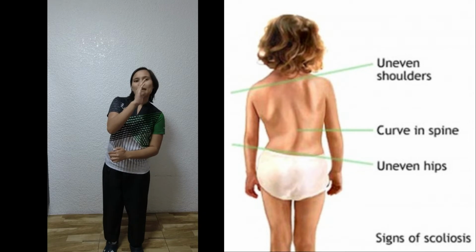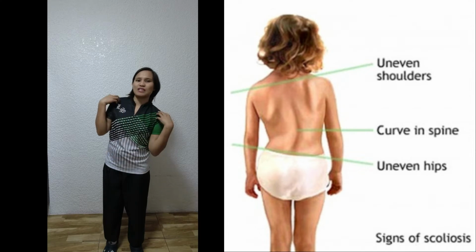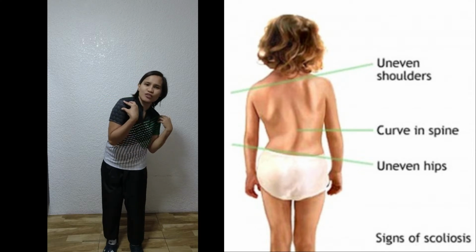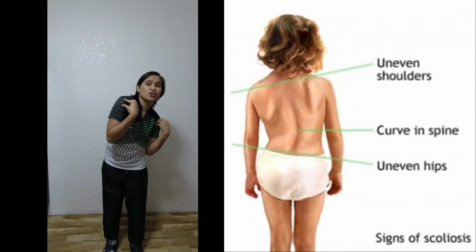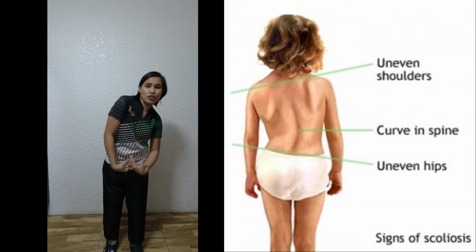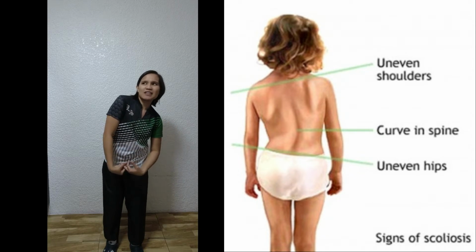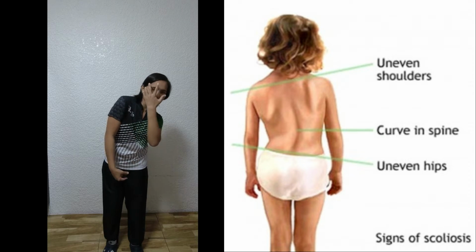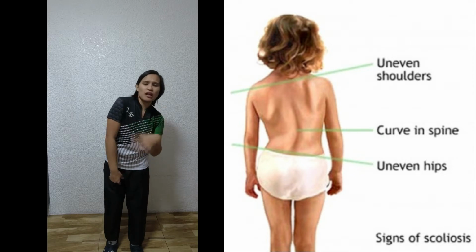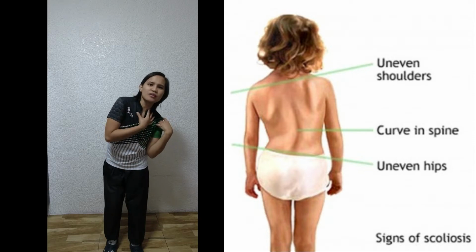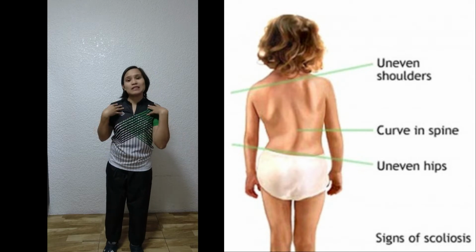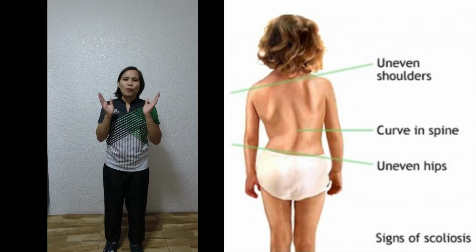So this is what happens for a person with scoliosis. And sometimes there would also be a rotation, so they would be positioned like this. So as the physical therapist, we have to observe the specific alignment during postural assessment so that we could provide exercises to correct the posture.